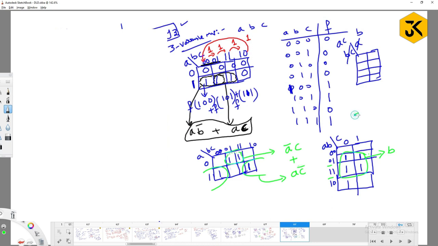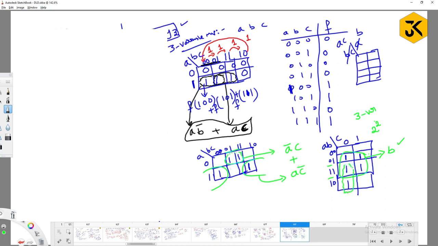If I have three variables and I am going to combine two square cells, meaning that the n value is 2, right? There are three variables, and when we combine with two variables, the resultant term contains n minus m literals. So that's what it means. So one literal is there. Now how can I combine this one?